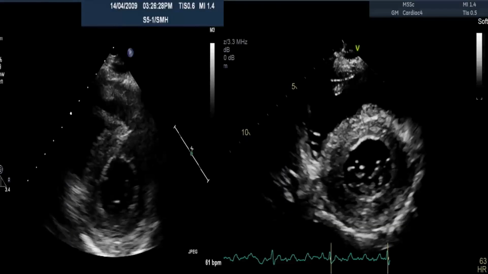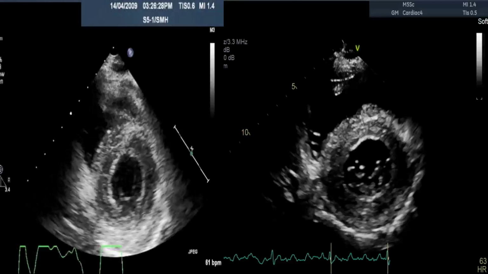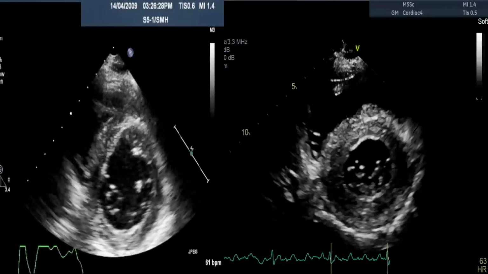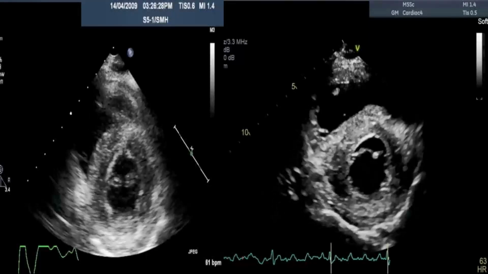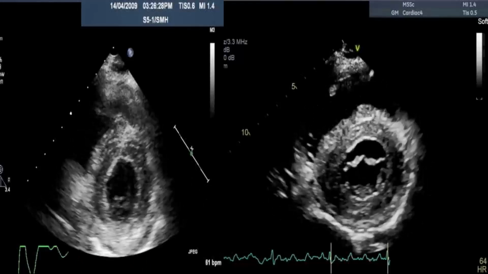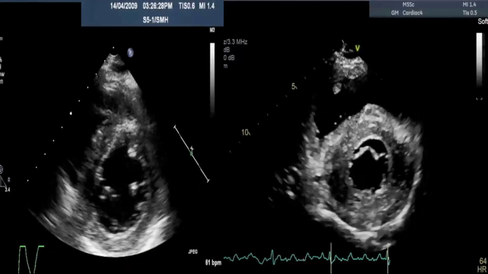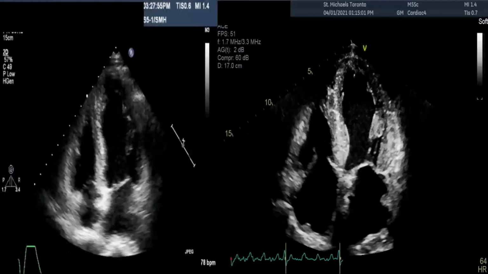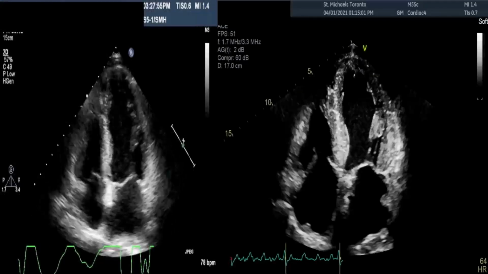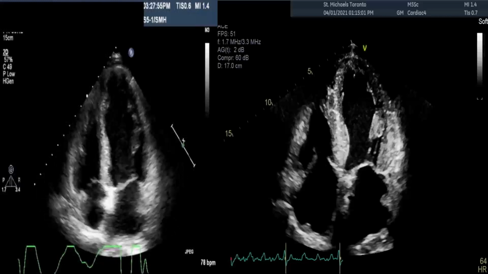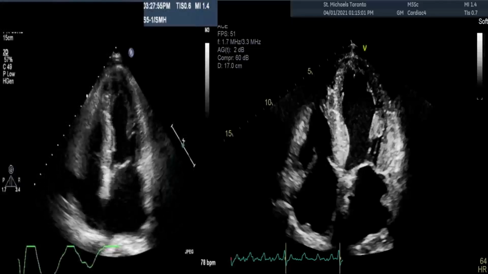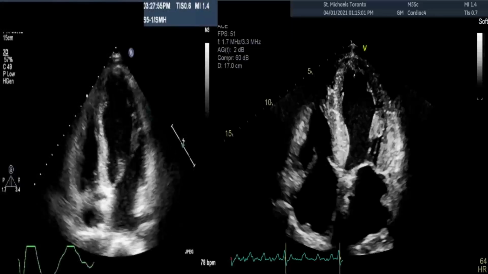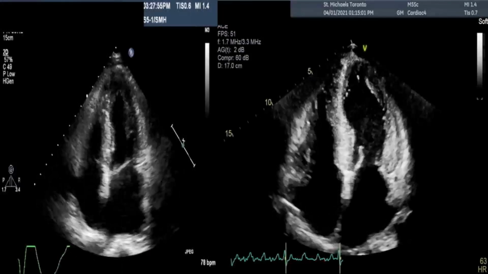Next image. This is 10 years ago and now, when he presented with a flutter. This is also an apical 4-chamber view, and this is now.